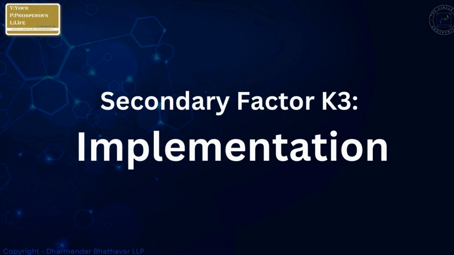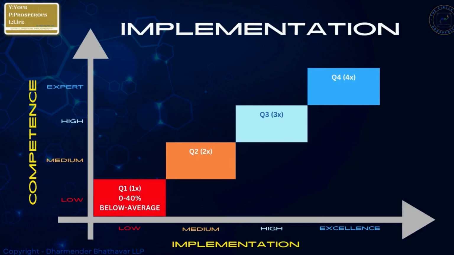So very similar to learning, we have four quadrants, and again it is the repeat of the learnings only, where the implementation factor is 0 to 40. So then we can consider them in quadrant 1, that is below average. If it is 41 to 70% of implementation, it is considered as average, and if it is between 71 and 90%, it is above average implementation, and if the implementation is ranging between 90 and 100, then we can consider them as toppers of implementation.